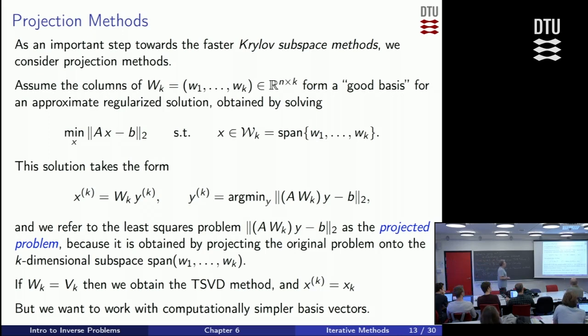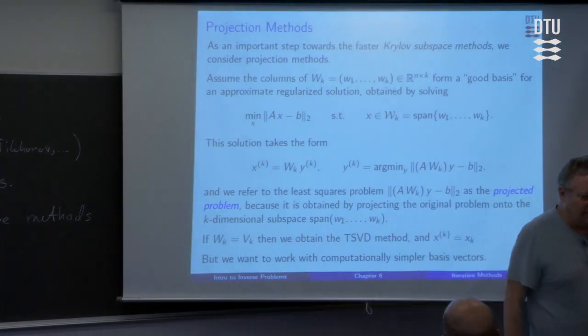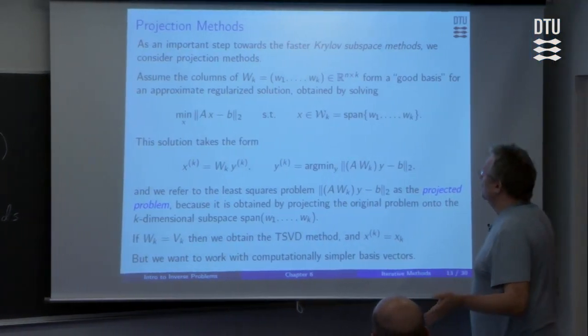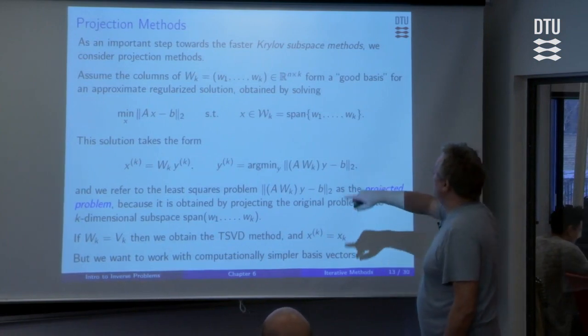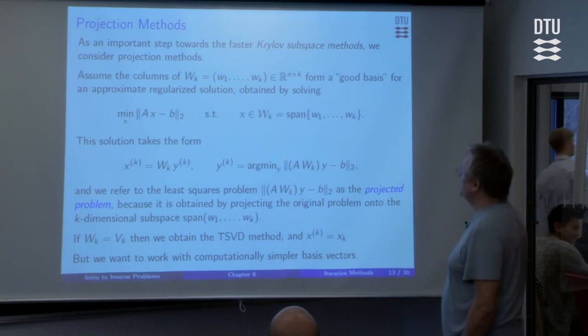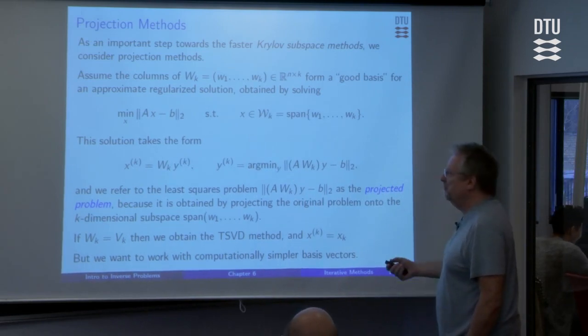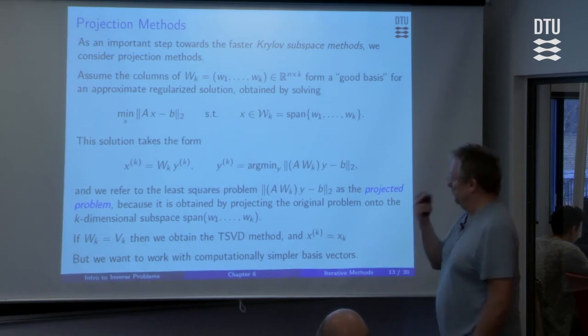Well, one way to regularize then would be to say, I want a least squares solution, but I know if I have no constraints on that, I'm just going to get the naive solution that I don't want. So I put the constraint that my solution should lie in this k-dimensional subspace. It should be made up of those basis vectors that I have chosen.